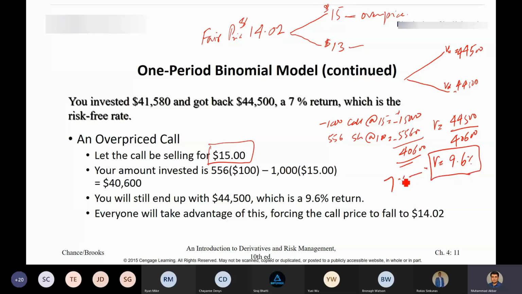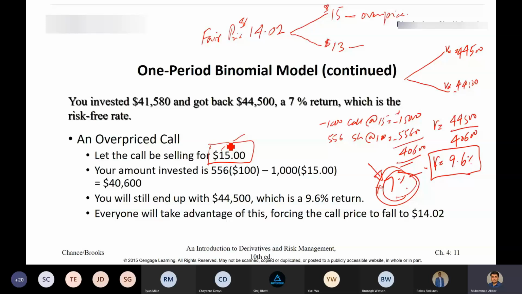So this is an arbitrage because you are able to earn a rate of return higher than what you should have been earning. Your hedge portfolio should earn 7% return, but it is giving you a realized rate of return of 9.6%. And the only reason you are able to do this is that the call is overpriced.